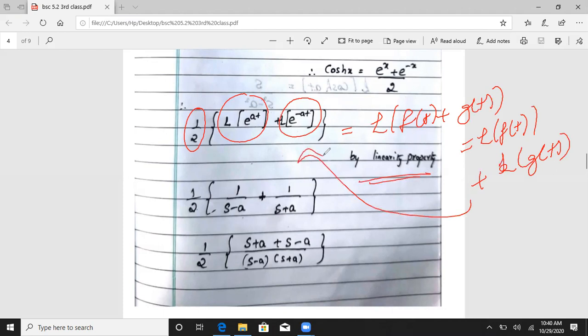We take this separately as L of e to the power at, the first function, and L of e to the power minus at, the second function.